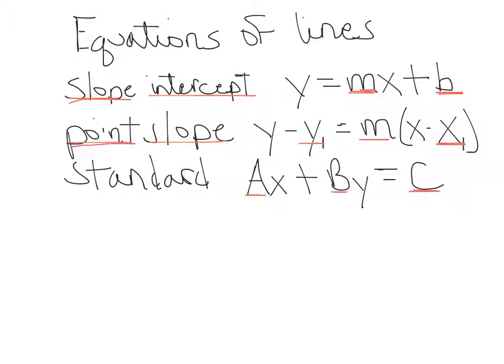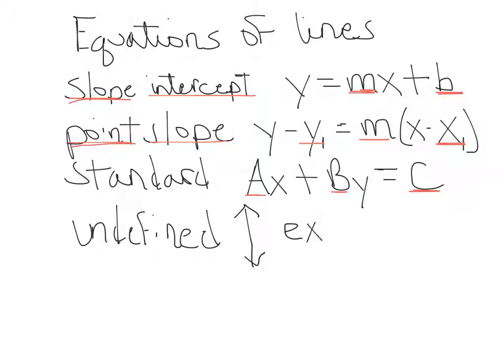Now the other two things that you got to remember is if there's an undefined slope, the line is going to be up and down, and I call this an excited line, and it's an x equals line. Now the other kind is a 0 slope.